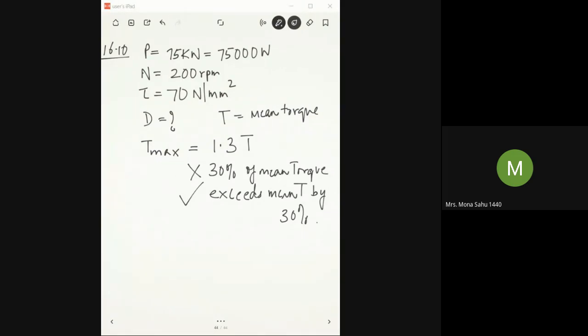Okay, again, it's pretty simple. P is equal to 2 pi nT by 60.